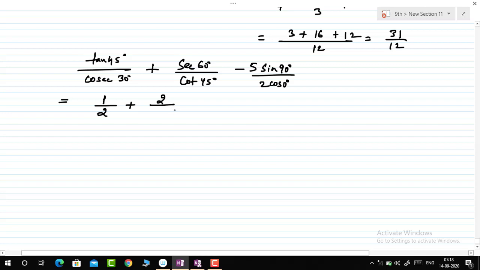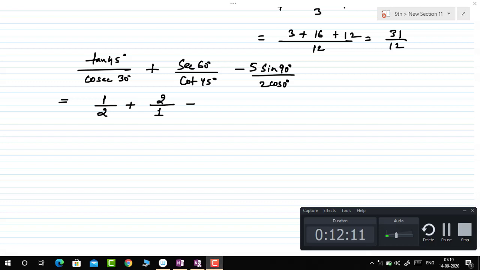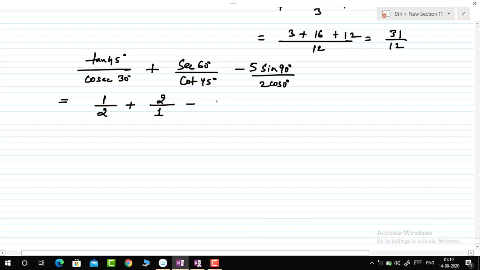Then cot 45 is the reciprocal of tan 45, which equals 1. Minus 5, then sin 90 equals 1, and cos 0 equals 1, so that is 2 into 1.